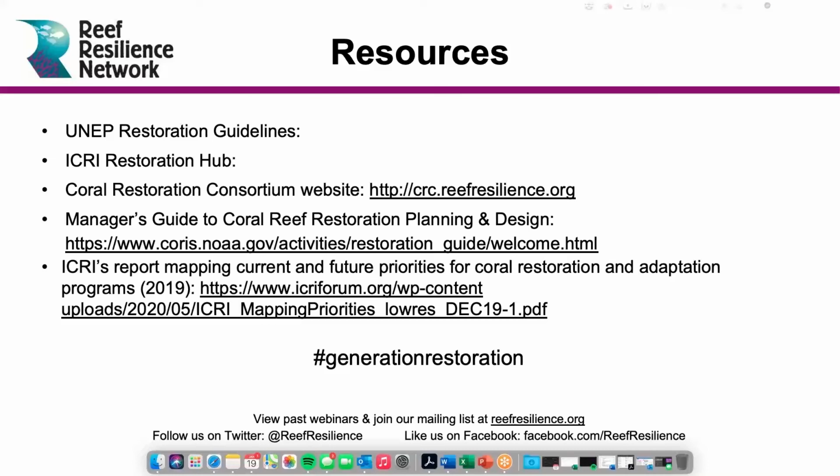Sustainable eco-based tourism is one of them. The carbon market is another one that doesn't really apply to coral reefs, but it does apply to mangroves, for example. So this idea of financial sustainability is certainly critical, and it's a very good point. Thanks. I think I'll stop there.